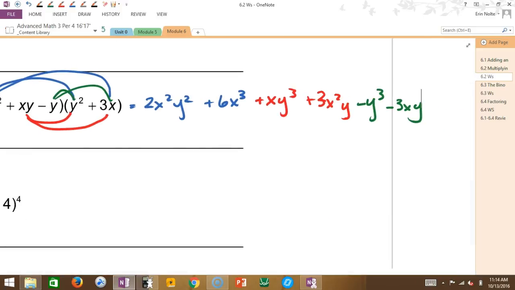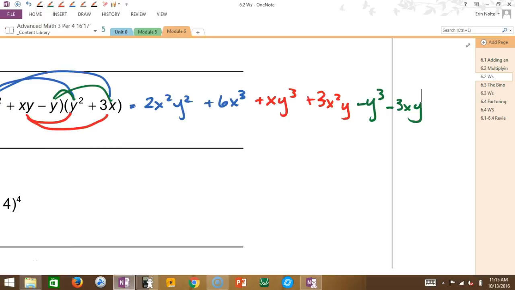Now when I go to the part where I have to add like terms, I can only add terms that have the same variables involved with the exact same exponents. On the first term, my term is an x squared y squared. Do you see any other x squared y squareds? No. So that's its own term. This term is an x cubed term.